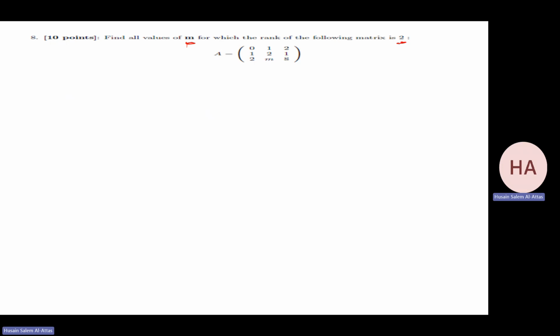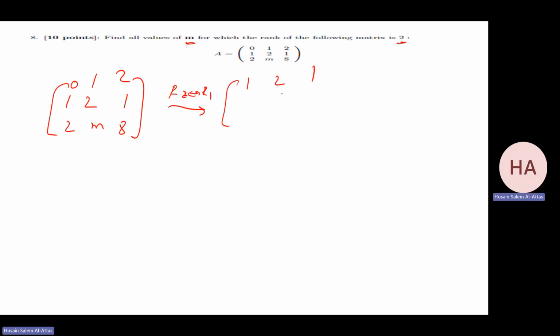Okay. So I have this matrix. What I will do first, I will interchange R2 with R1, so I have 1 first, because it will be easier to deal with. The rest will be the same.